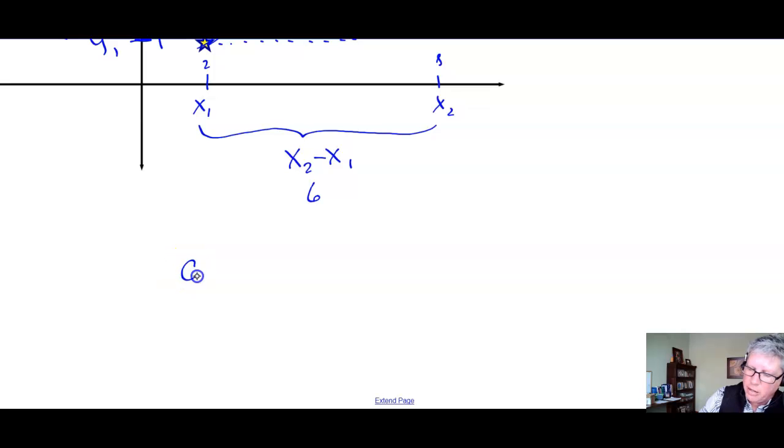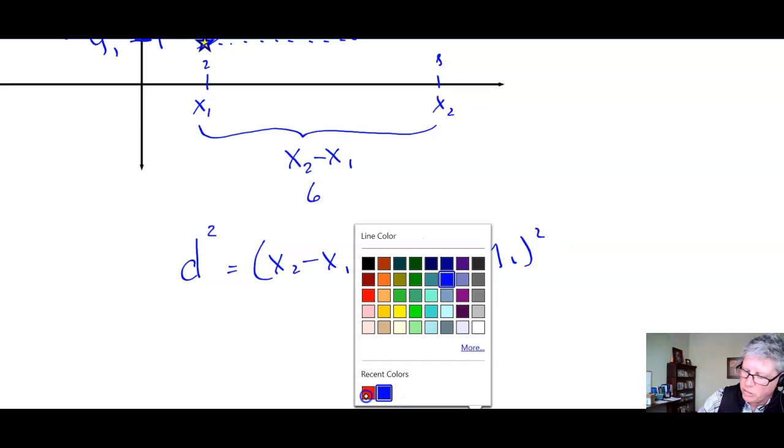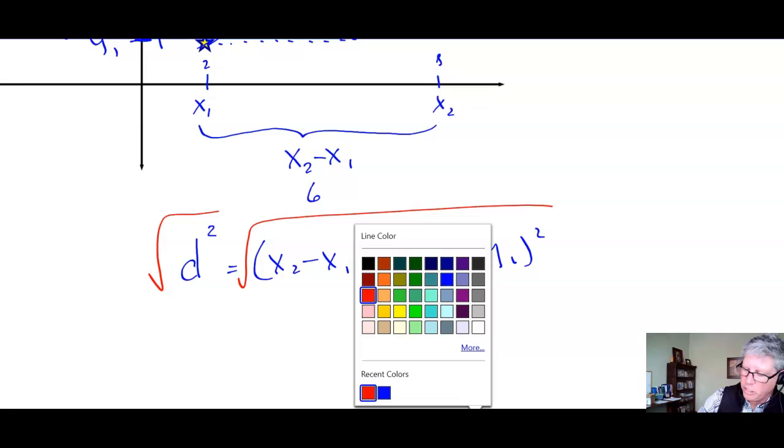I'll just start with what we had. If we decide to take the square root of both sides, that undoes the square. The square root of a perfect square is just the square.